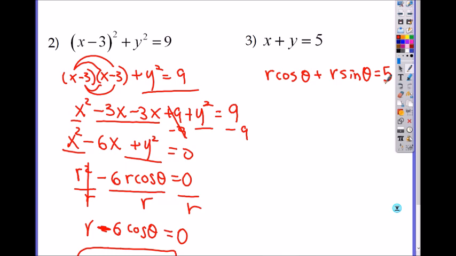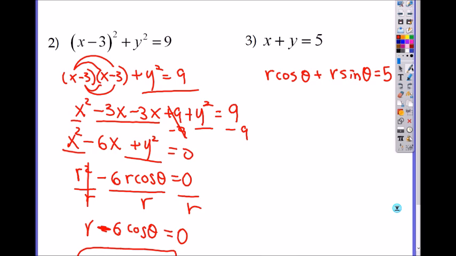Oh, good question. Can we square this, square that, and make that equal to 5 squared? No, you cannot just square here, there, and there to make it x squared plus y squared. That won't work. You have to FOIL.